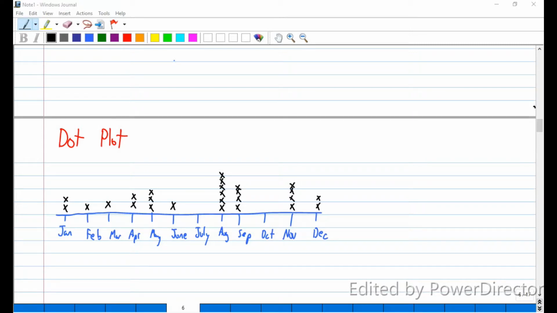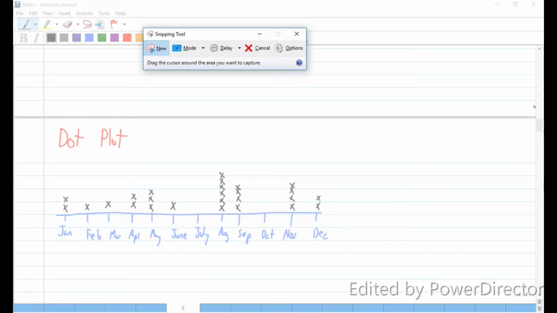A time series plot. Let's see, still in 3.4. I know the PowerPoint may have ended. A time series plot would just be a plot done over time. Here's an example of the type of data that we would need.